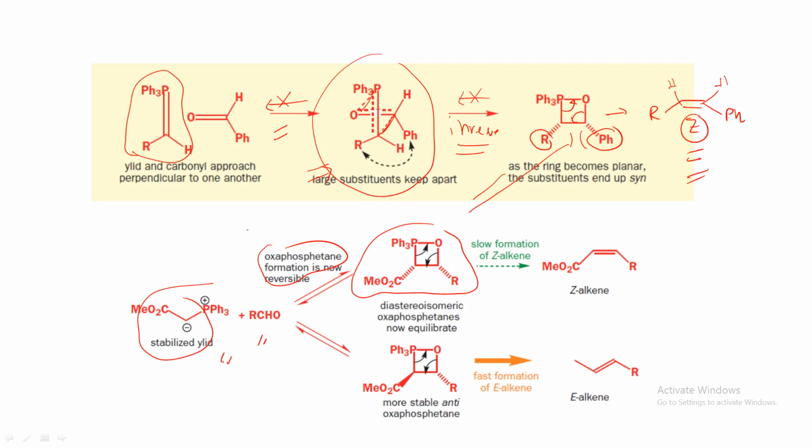So if it can be regenerated, then the thermodynamic control wins, because kinetically this is favored, but thermodynamically what is favored? Of course this, because this R and this CO2Me group are in opposite fashion, and for that it is more stable.